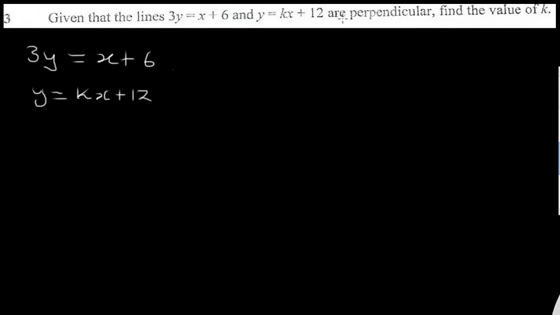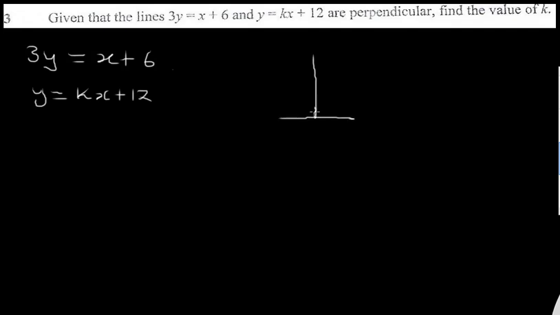Now, what do you know about perpendicular lines? What do you know about lines in general in coordinate geometry? So when we talk of lines, we agree to say lines have a gradient, and the gradient is simply how steep the line is. And when we talk of perpendicular lines, we are simply talking of lines that are meeting at 90 degrees.